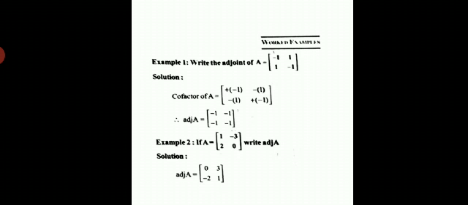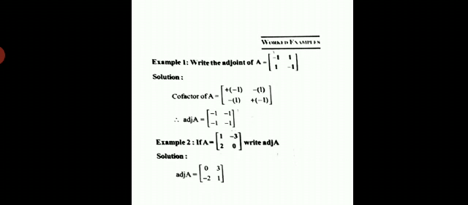Similarly, for the second element, deleting the first row and second column, the cofactor of 1 will be 1. Similarly, the cofactor of 1 is 1, and the cofactor of minus 1 is minus 1. Okay, now open the bracket by multiplying with the signs in front of the numbers. Plus into minus is minus 1, the second element is minus 1, the third element is minus 1, the fourth element is again minus 1.